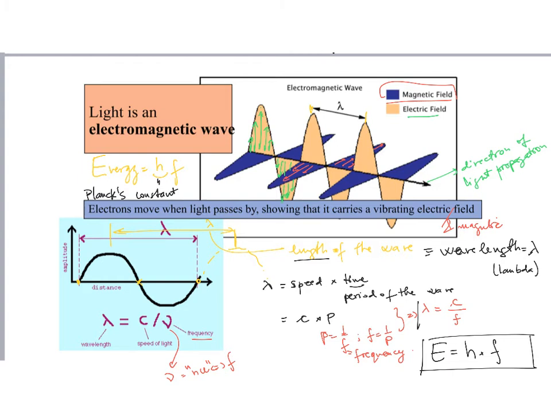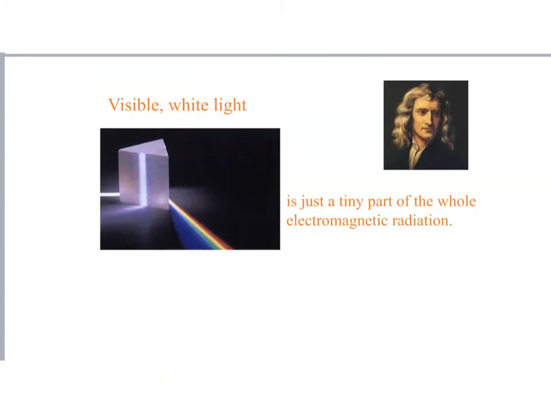So here are some important formulae which you're going to be able to practice with in your homework problems to basically differentiate between different types of light. Okay, speaking of which, what you see, say, coming from the sun or from the light bulb or some other sources of light in your life, that is the visible white light.